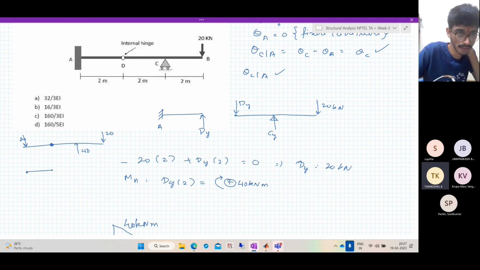So in this span, the shear force diagram is we take positive 20. Here also it is positive 20.